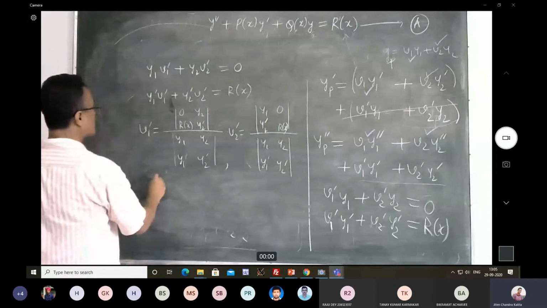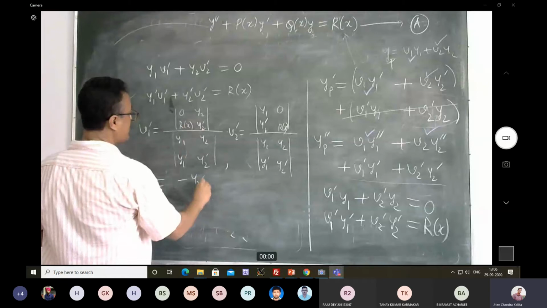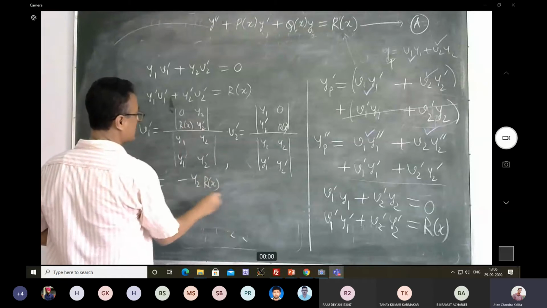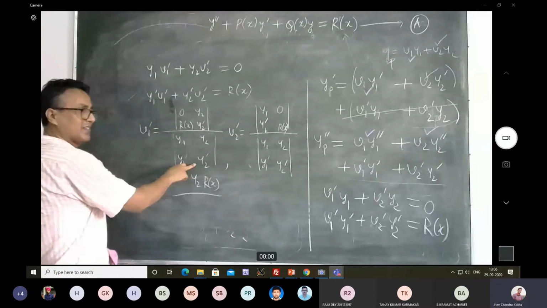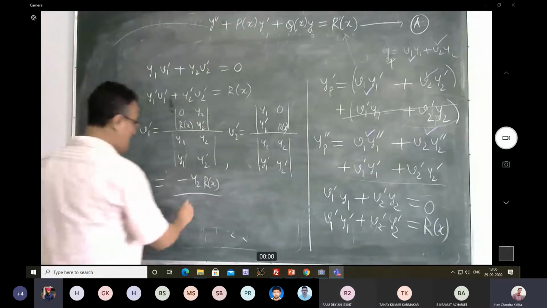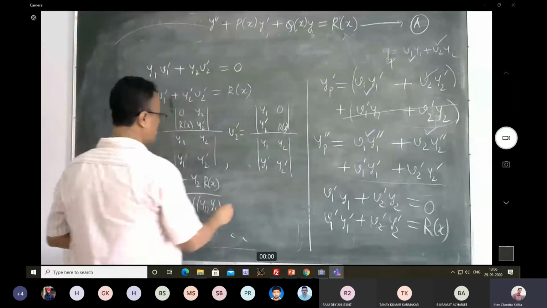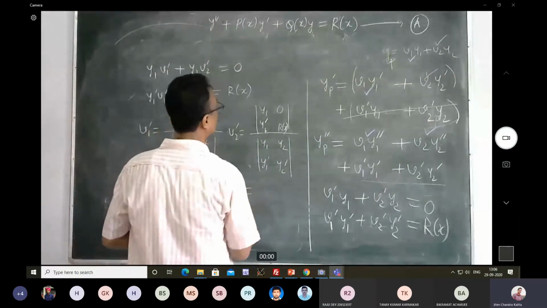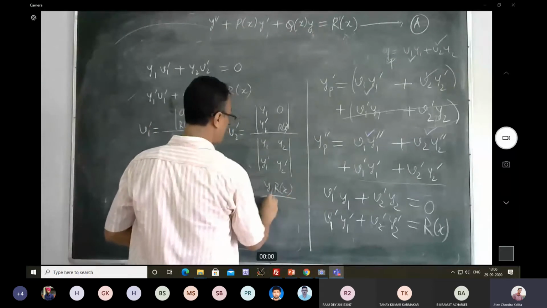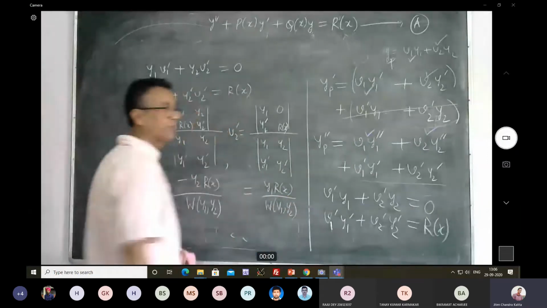So that means this is equal to minus y2 rx. What is this? What is the denominator? Wronskian. Yes, Wronskian of y1 and y2. So similarly, this is going to give me y1 rx over Wronskian of y1 and y2.